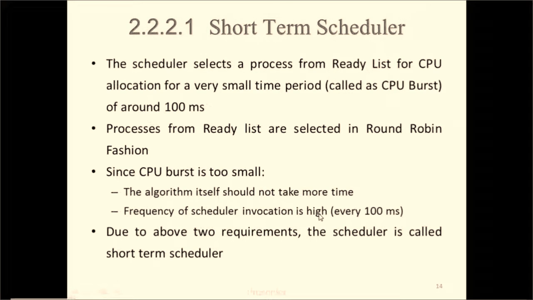Now because of these two features, the scheduler is called short-term. First reason, its duration is less, is short, and the frequency or the time period between two calls is again short. So this is called the short-term scheduler.